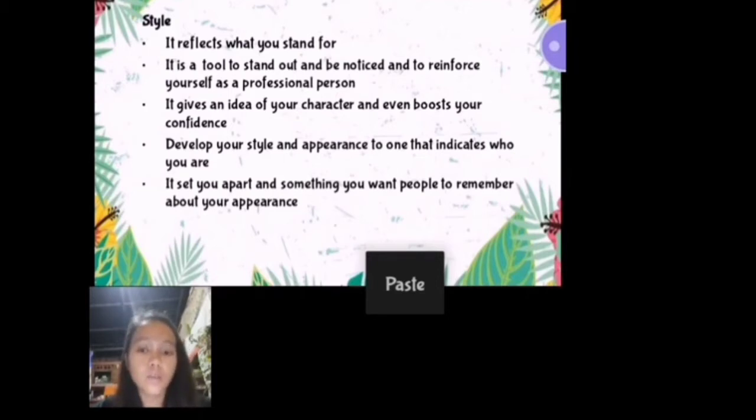Others follow their idols, like K-pop groups, like Blackpink, and they wear like Blackpink, and it gives us the idea of character and even boosts your confidence.